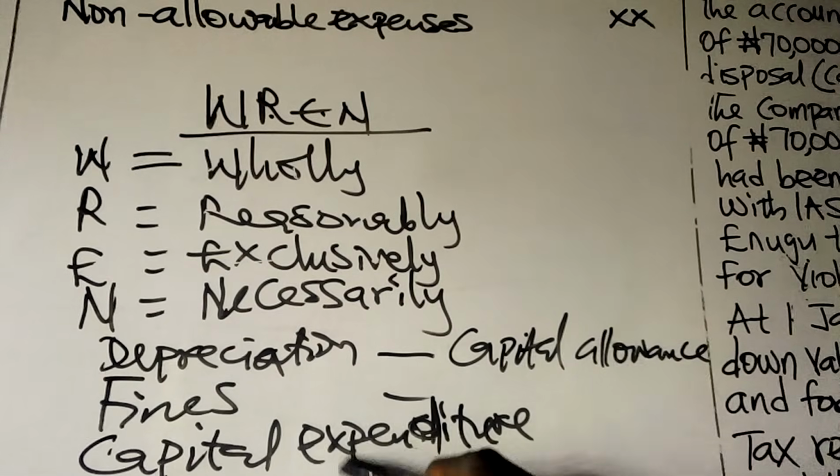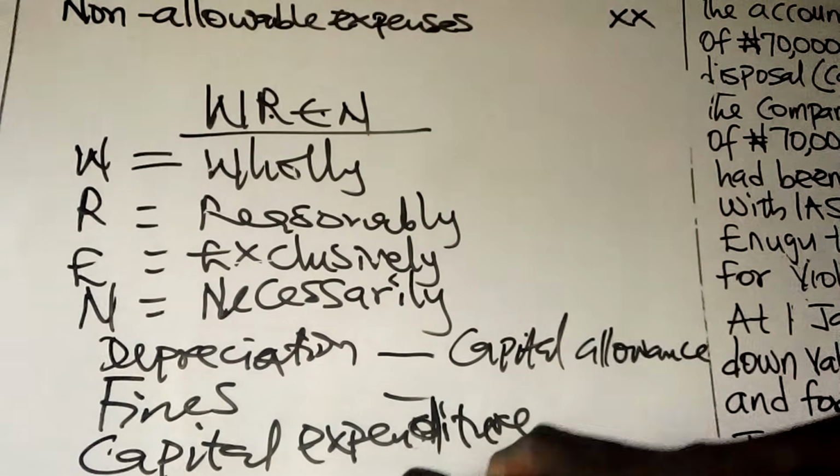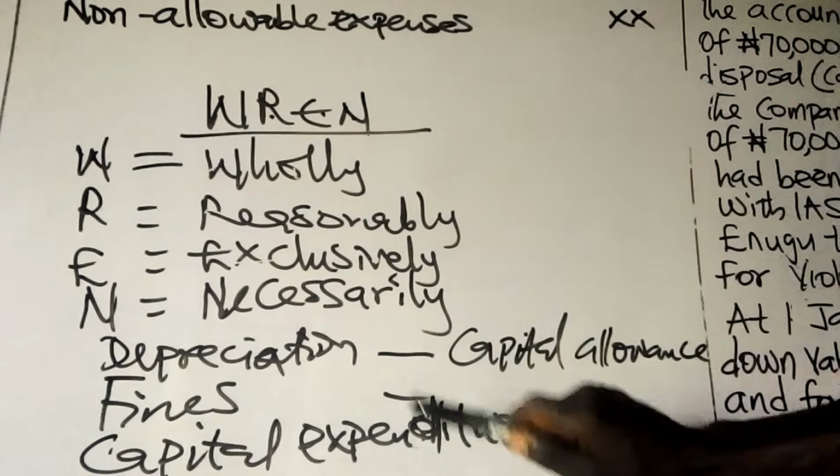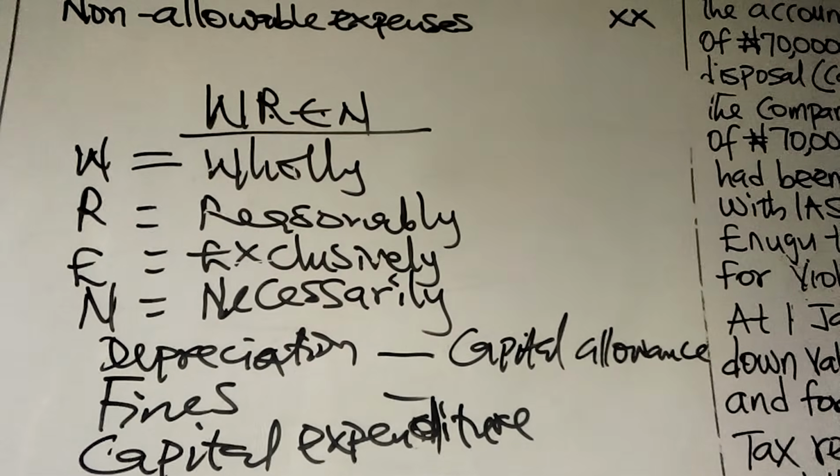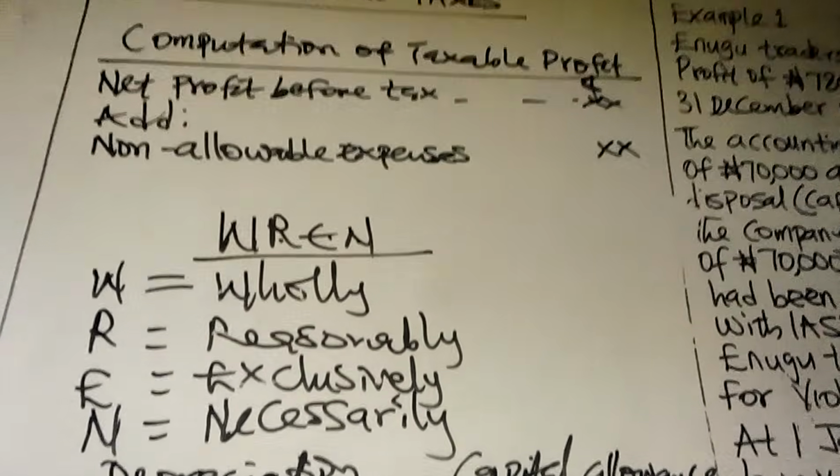Those expenditures that we add to the value of the non-current assets are not allowable for tax purpose. We have a lot of allowable expenses, but I'm not in tax class now, so I will limit you to this.